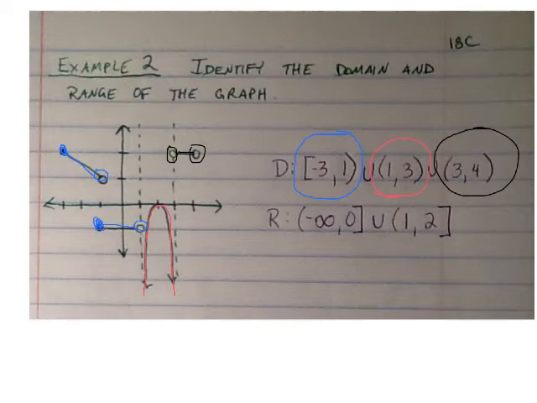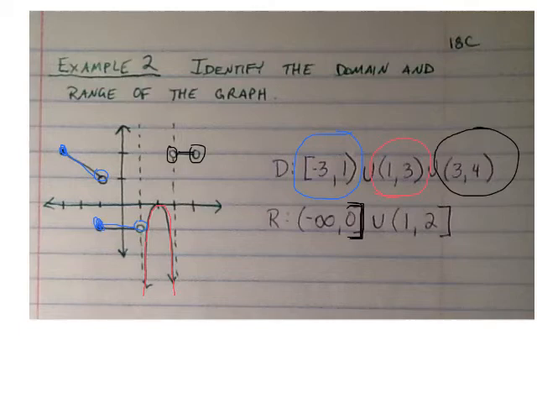If we're going to do our range, we start at the bottom and we have stuff that exists, and it keeps existing as we sweep up until we hit 0. And at 0, the curve stops and we have a leap from 0 up to 1. So the curve actually touches 0, so we want to put a hard bracket on that curve.